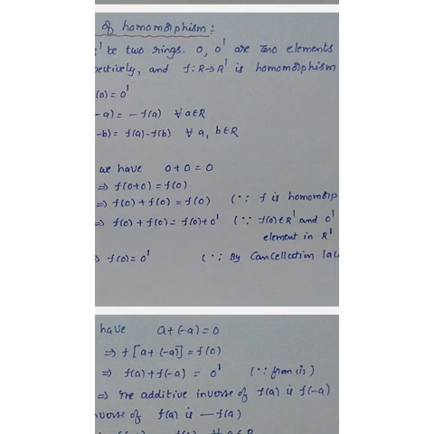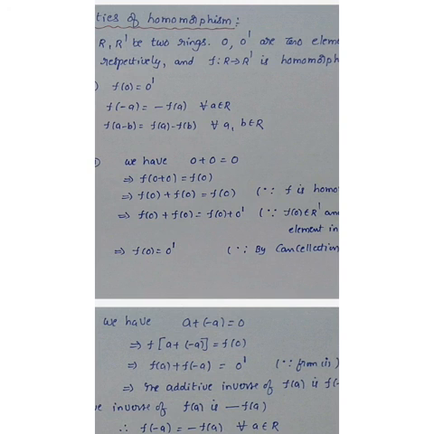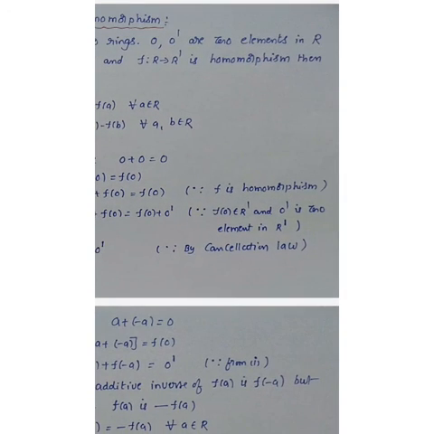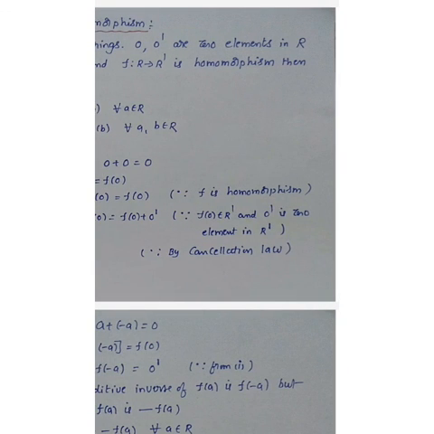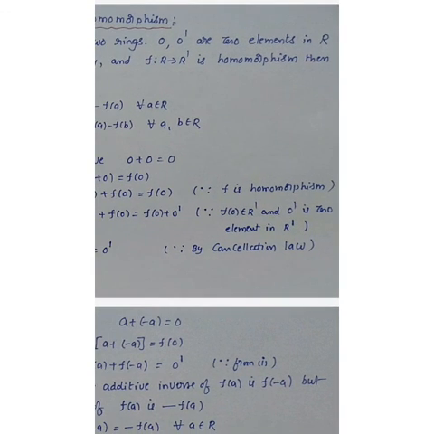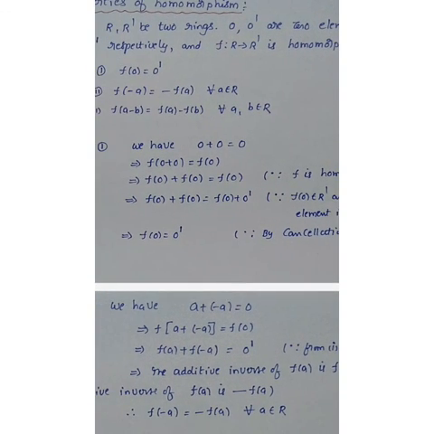Since f is a homomorphism, f(0 + 0) can be written as f(0) + f(0) = f(0). And f(0) can be written as f(0) + 0', because f(0) belongs to R' and 0' is the zero element in R'. Therefore f(0) + f(0) = f(0) + 0'. In a group, cancellation laws hold. Therefore we can cancel f(0) on both sides, so we get f(0) = 0'. So the first property is over.